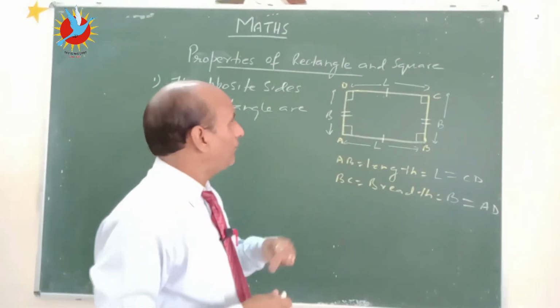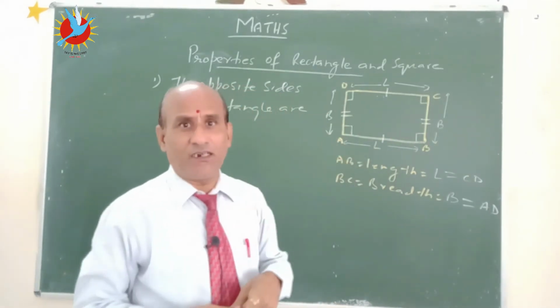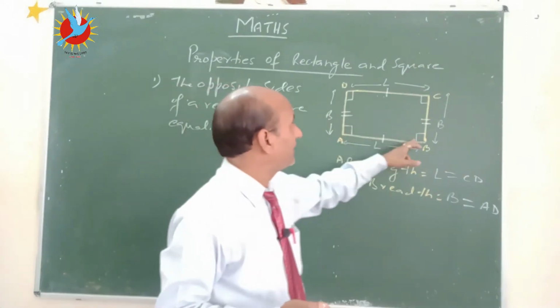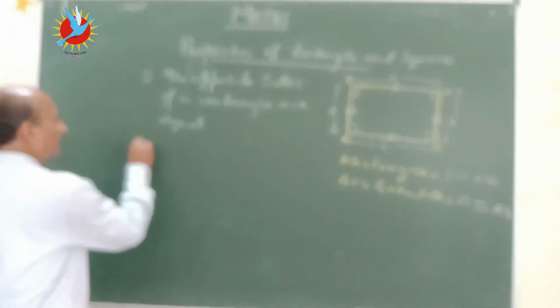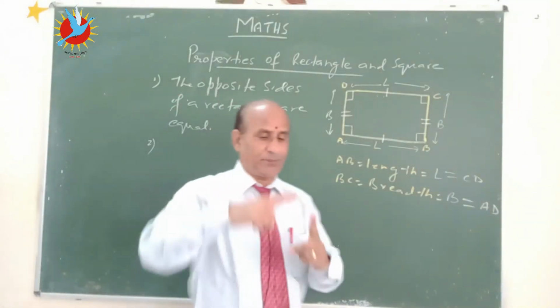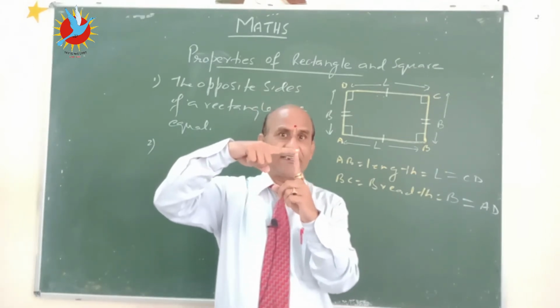Second, I have marked some angles. Have you recognized the sign of this angle? What does this sign show? It is a 90-degree angle. It means each side of a rectangle is perpendicular, and they are making a 90-degree angle.